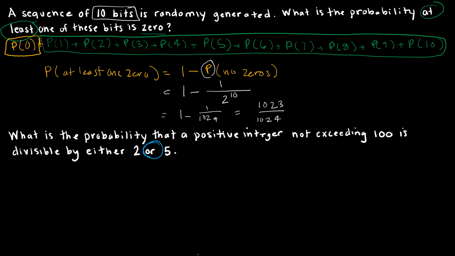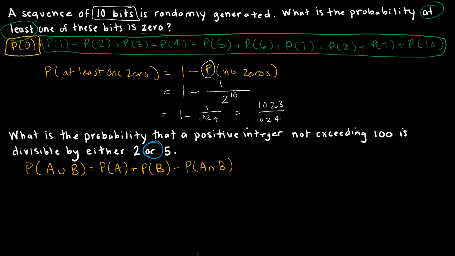And I also need to think about the fact that we have this formula: the probability of A or B is equal to the probability of A plus the probability of B minus the intersection. The intersection being anything that's divisible by both 2 and 5, like 10 and 20, etc.